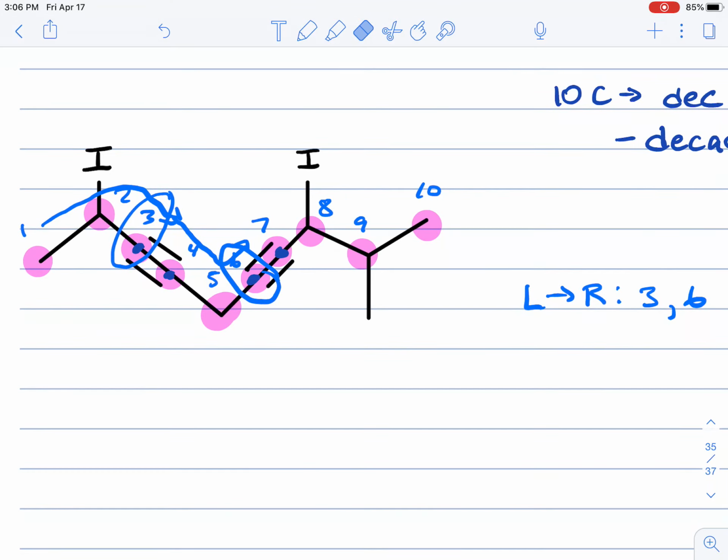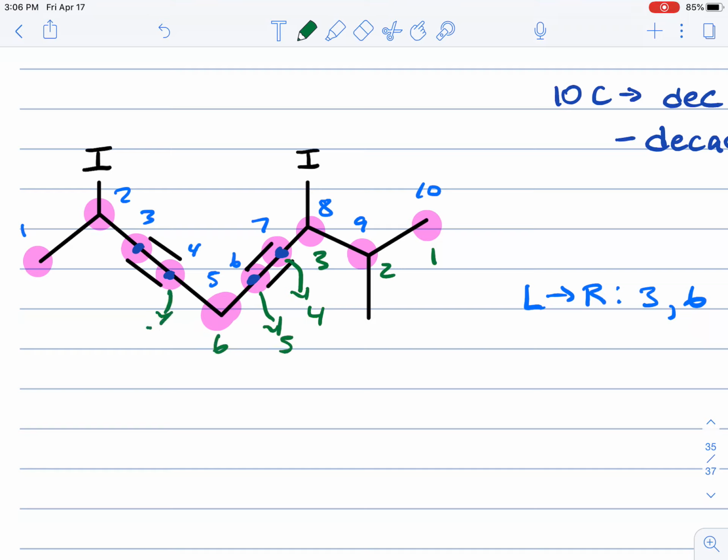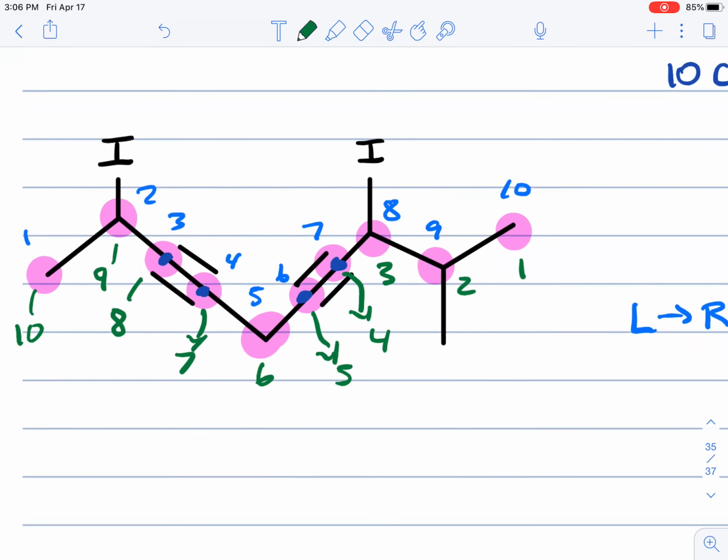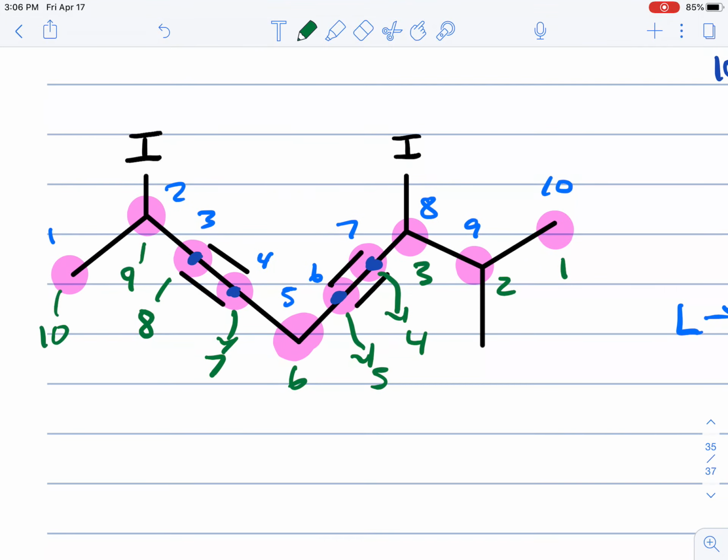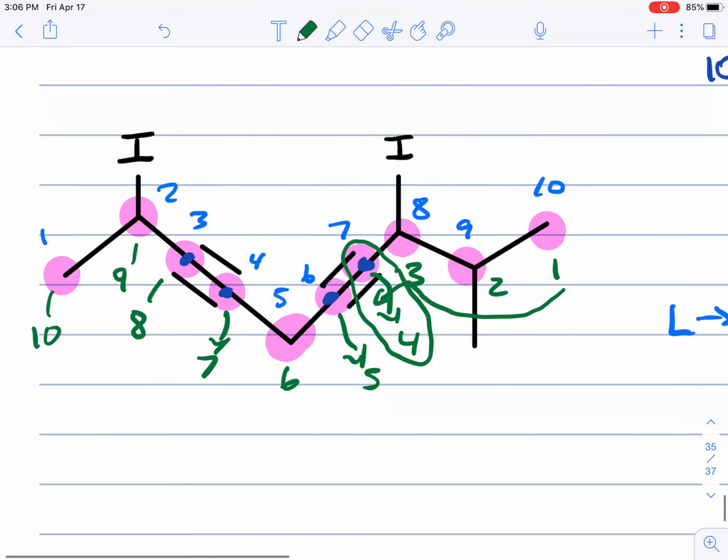All right, let me erase some of this stuff. It's getting cluttered. I'm going to go in reverse, just to make sure my numbering system is correct. So 1, 2, 3, 4, 5, 6, 7, 8, 9, and 10. Going from right to left, when I hit carbon 4, my triple bond starts.